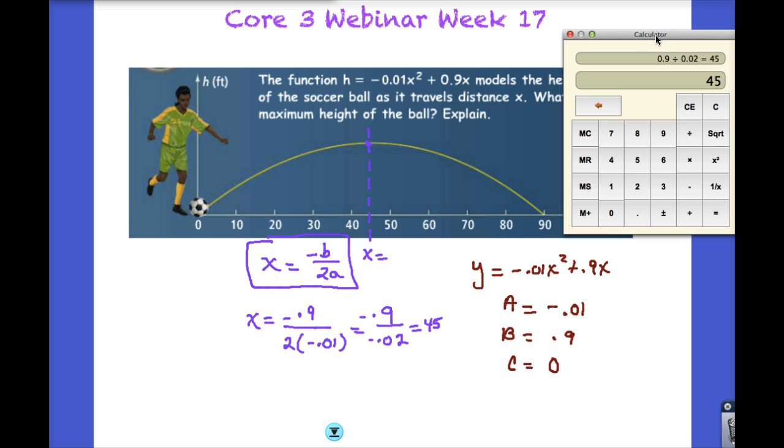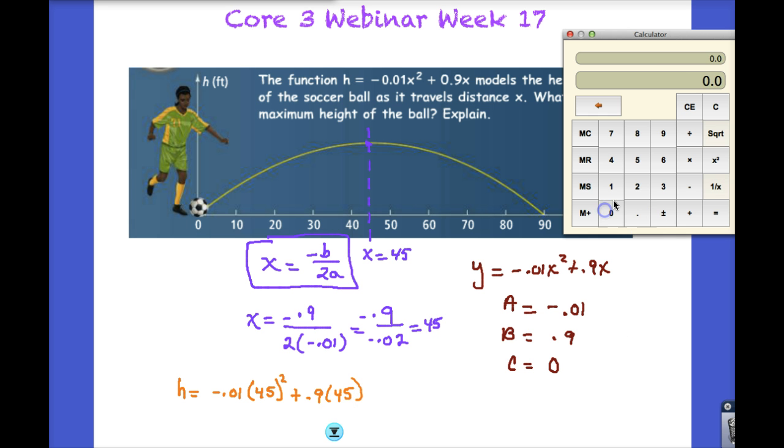But we still don't know the max height. But we just confirmed, though, that this x value is, in fact, 45. So you guys, here's all we have to do. We can use substitution. So all we have to do is take our equation, h equals negative 0.01, but we know what x is at the maximum height, and we know it's 45, so I can just plug in that 45 and square it, and then I can plug in the 45 for the second x.